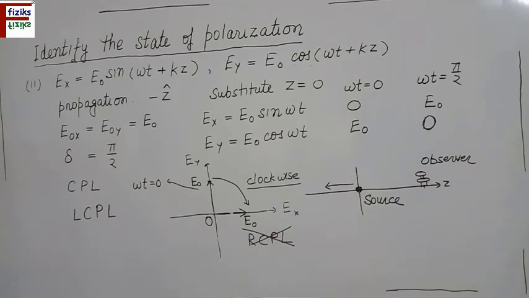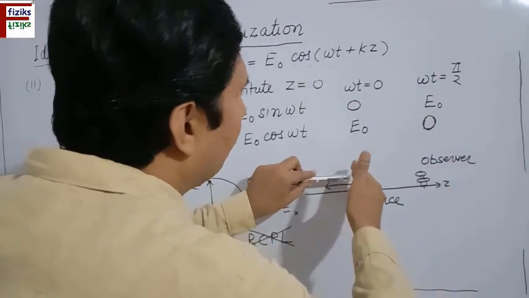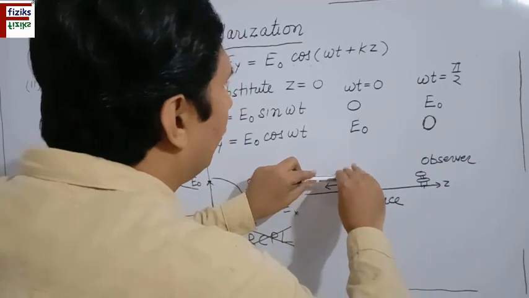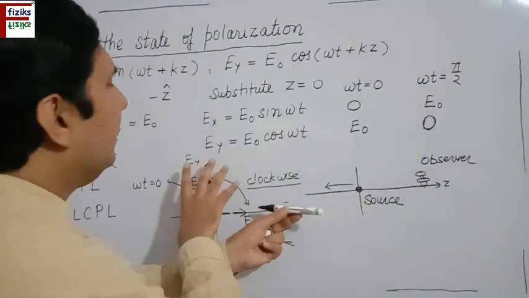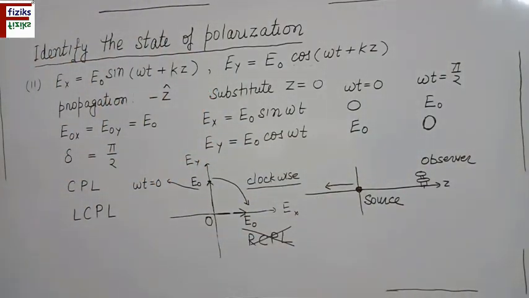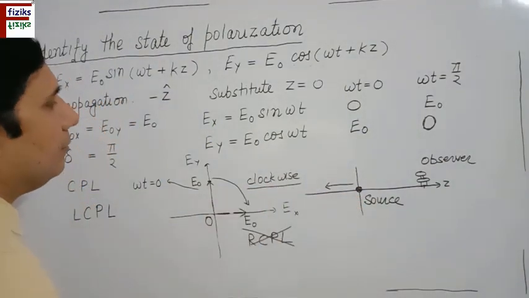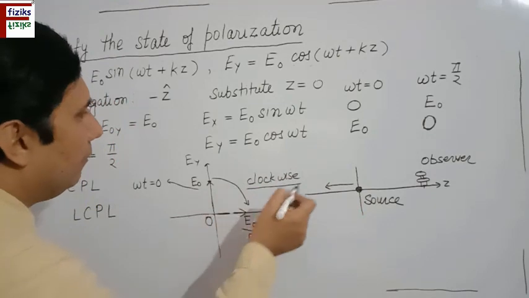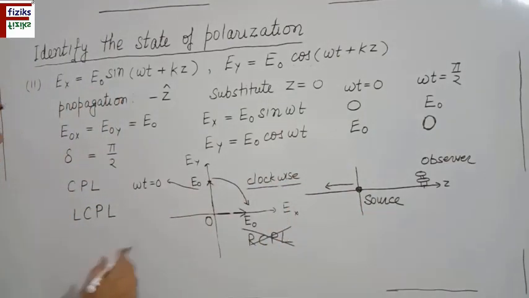Because light is moving away from the observer, light is moving in this direction and the observer is observing this light from the back side. So automatically whatever this observer is observing here is opposite to the observer's point of view. So when light is propagating in the negative z direction, if we are observing clockwise direction, then this will be left circularly polarized light.